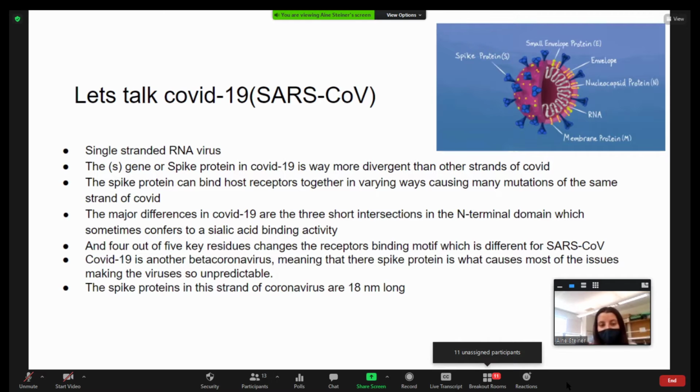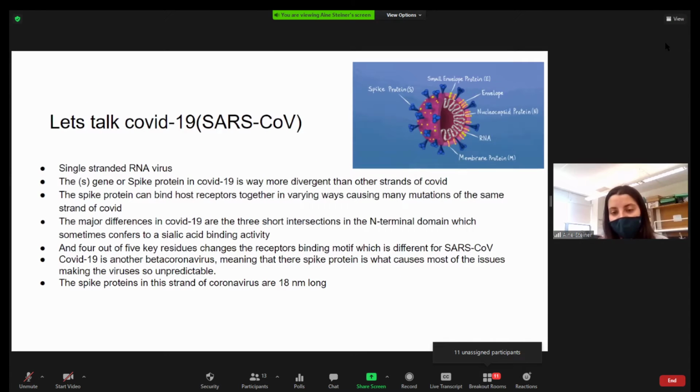And 4 out of the 5 key residues change the receptor binding motif, which is different than SARS-CoV. COVID-19 is another beta coronavirus, meaning that their spike protein is what causes most of the issues, making the viruses so unpredictable.